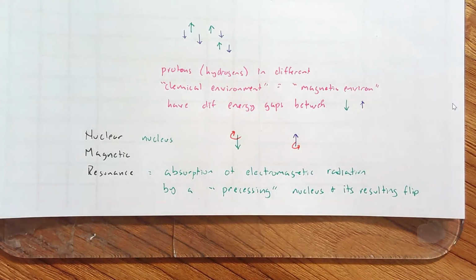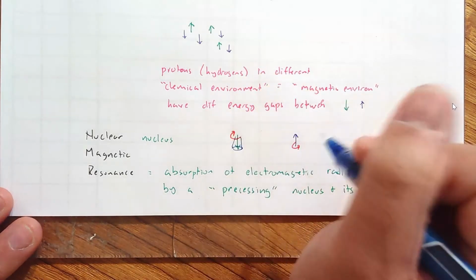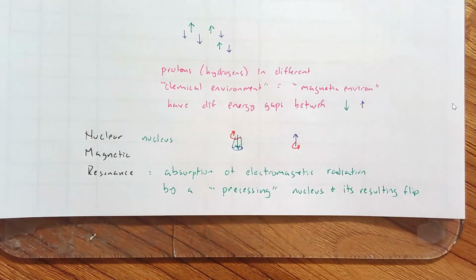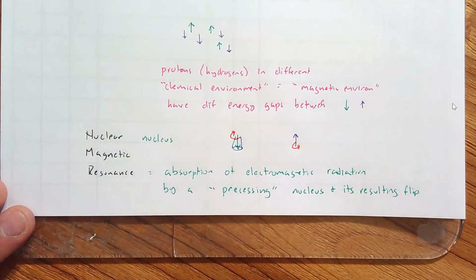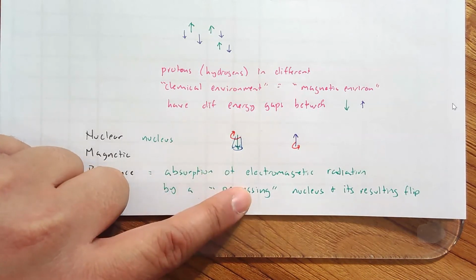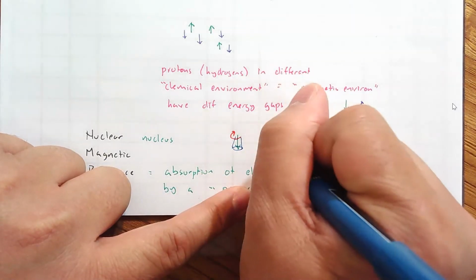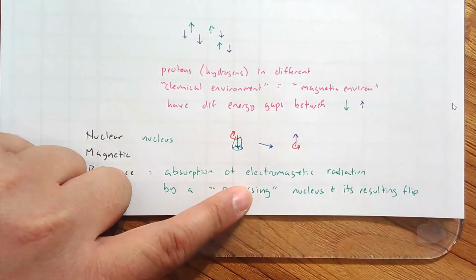The thing is, you are cutting out a cone as this spin flips from going down to going up.